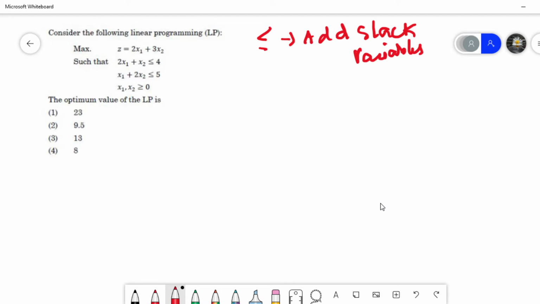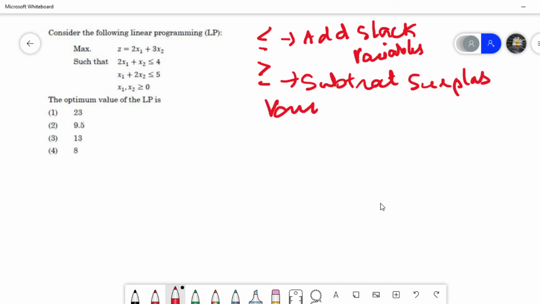If the constraint consists of greater than or equal to, we should subtract the surplus variable and add the artificial variable.